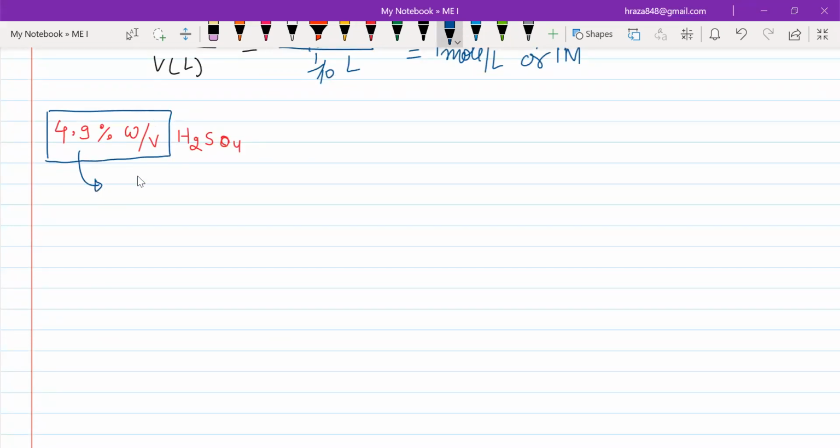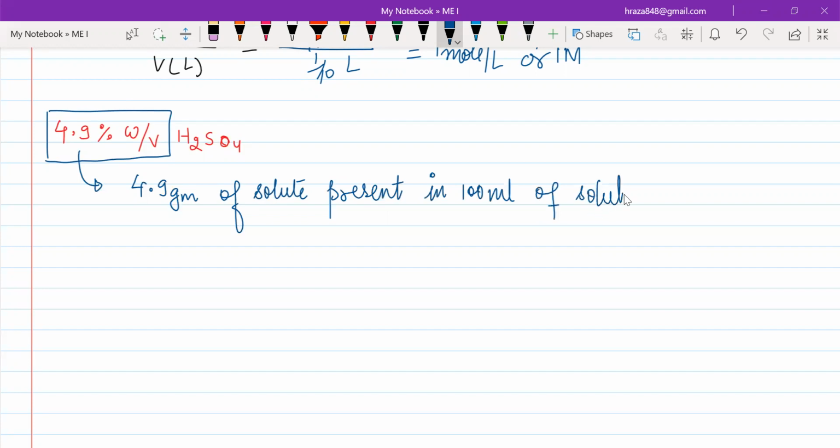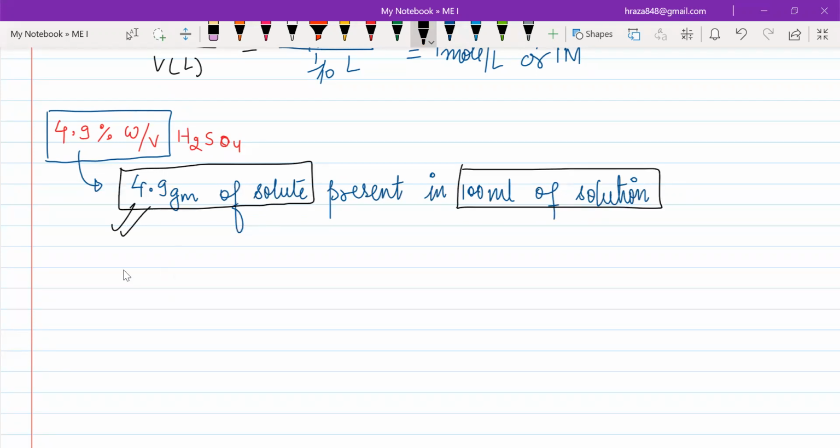And here you can see, what does this mean? 4.9 gram of solute present in 100 ml of solution. Now from this statement, you can see the mass of the solute is given, and volume of solution is also given. So we can easily go for molarity now.